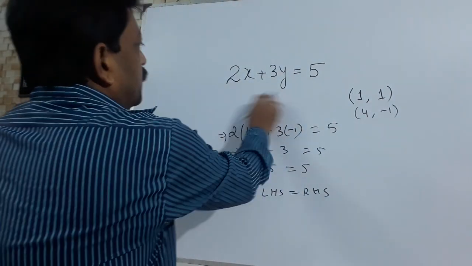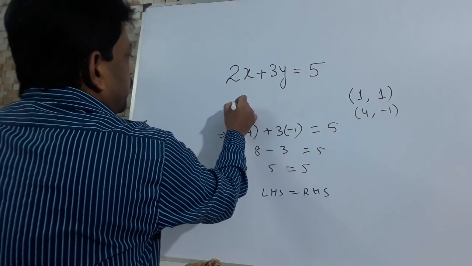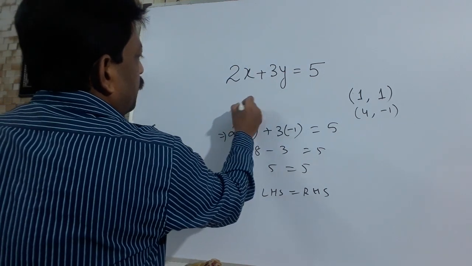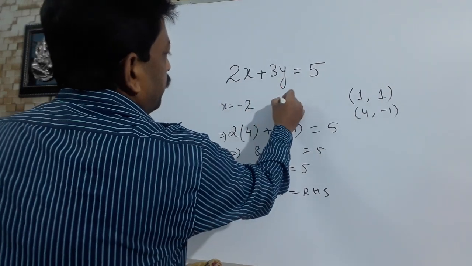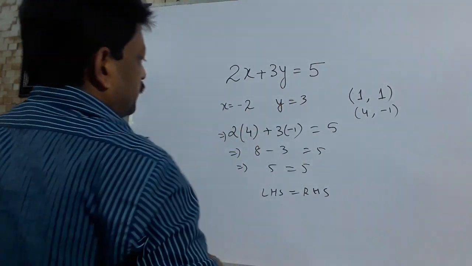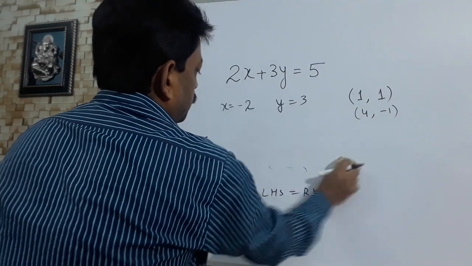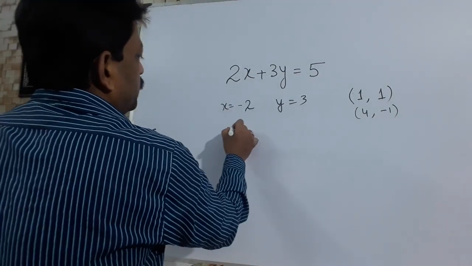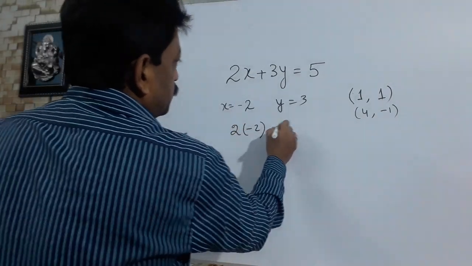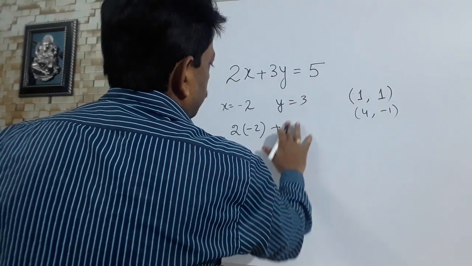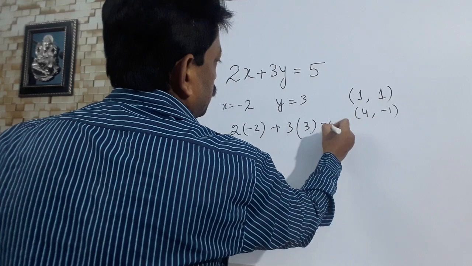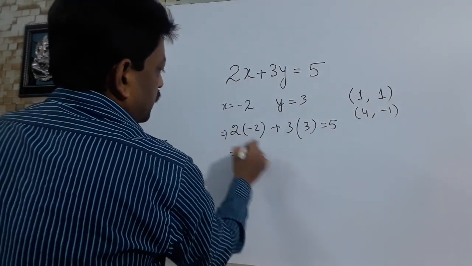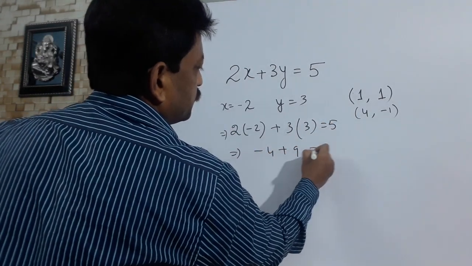Now let me replace one more value. Suppose x equals to minus 2 and y equals to 3. So here 2 into minus 2 plus 3 into 3, that means we can say minus 4 plus 9 equals to 5.